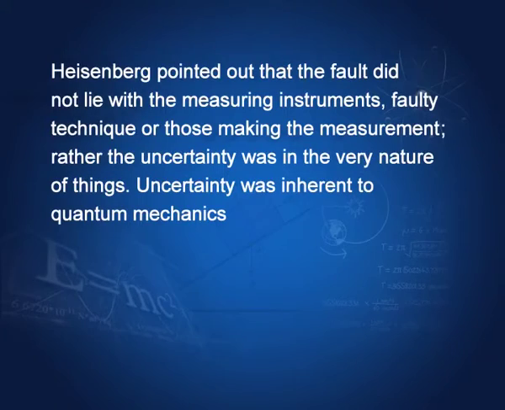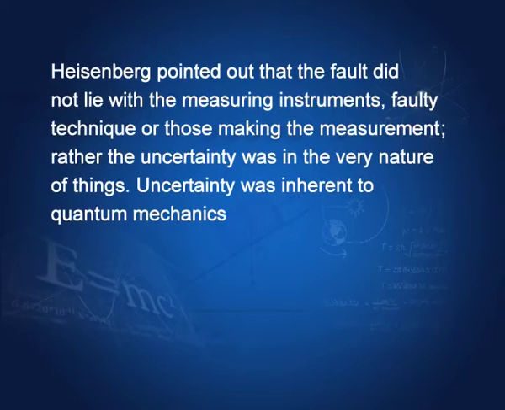On the other hand, if you know the momentum with little uncertainty, then its position becomes highly uncertain. That is what he discovered, and he said this is not due to any limitation of the experimenter or the equipment or any shortcoming in the technique. He said this is inherent to quantum mechanics.